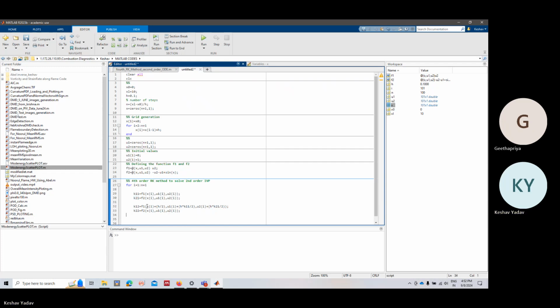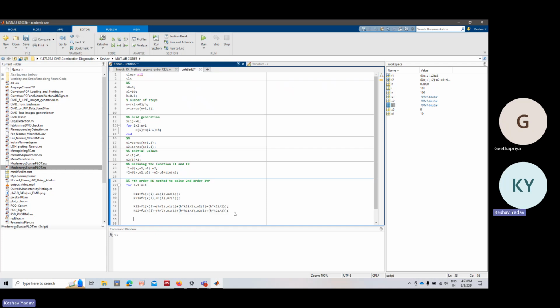Now everything else will be the same in the below, only F1 will be replaced by F2. So this is my K22.